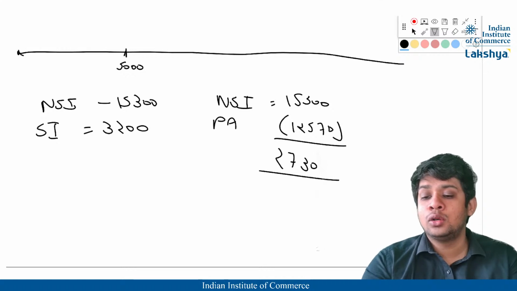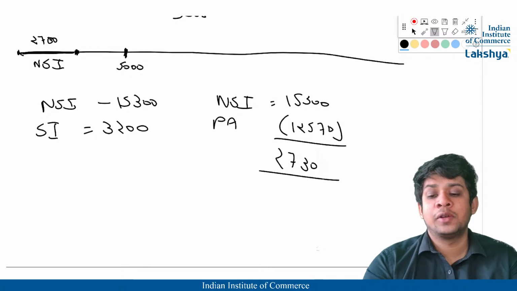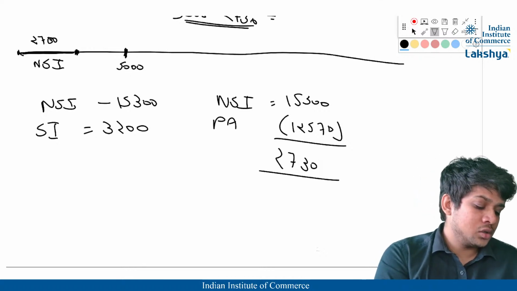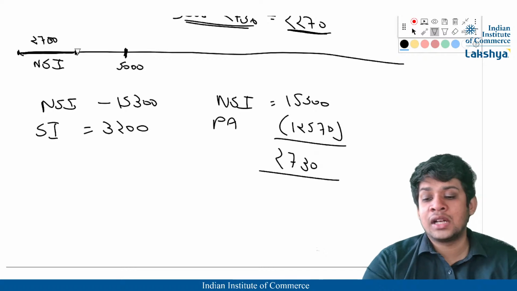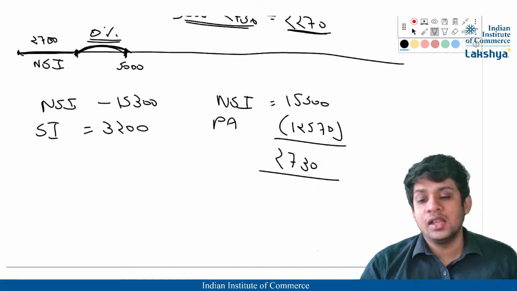So from 0 to 2,730, this part has been occupied by my non-savings income, and I have the limit up to 5,000 for the starting rate 0% tax, out of which 2,730 is already occupied. So 5,000 minus 2,730, the remainder is 2,270. So up to 2,270 of my savings income, a 0% tax charge will apply.